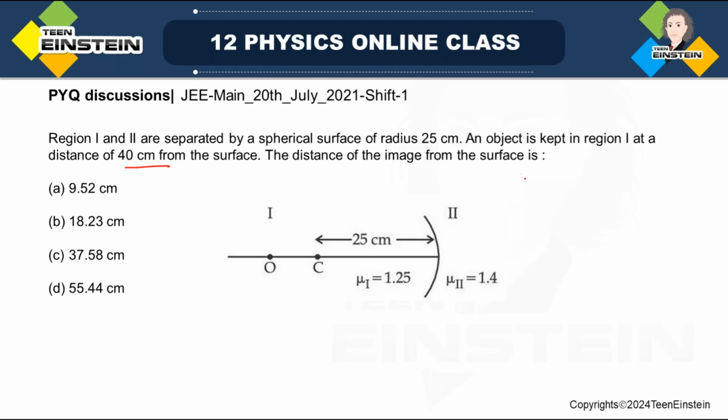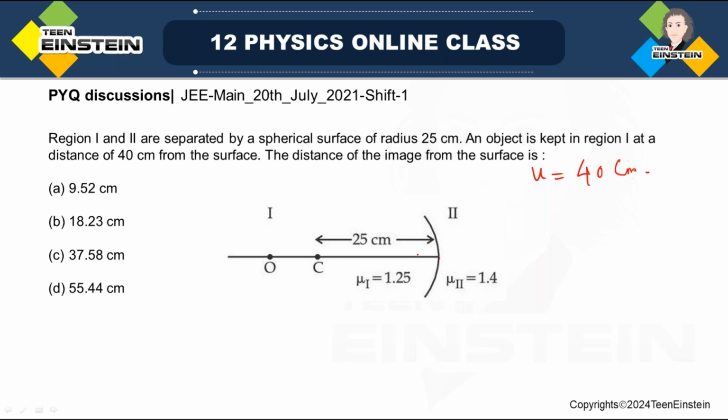That means u is given as 40 centimeter from the surface. The distance of the image from the surface is asked.